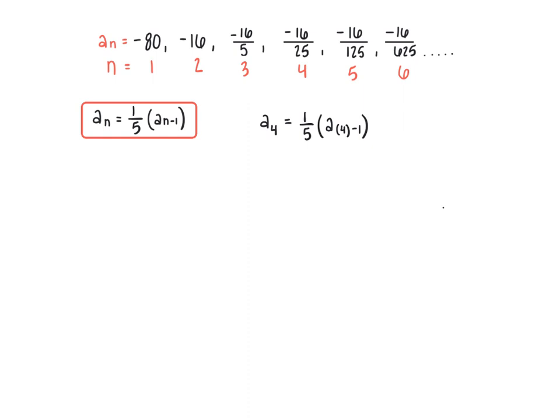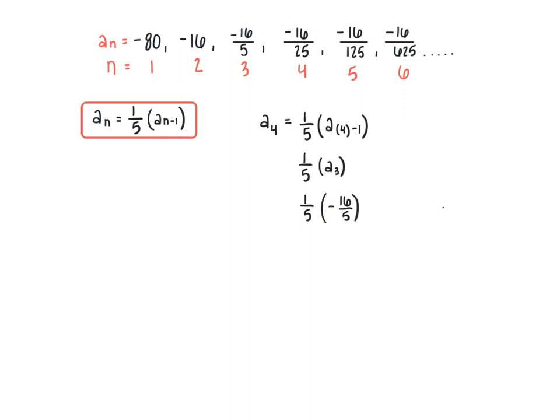We know a sub 4 becomes a sub 3, so 1/5 times a sub 3. And we know using our given sequence that a sub 3 is equal to -16 over 5. So this now becomes 1 over 5 times -16 over 5.